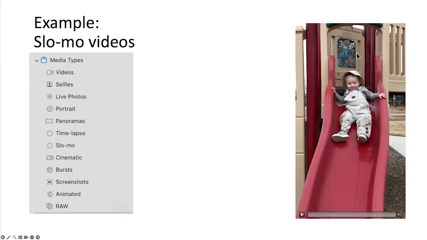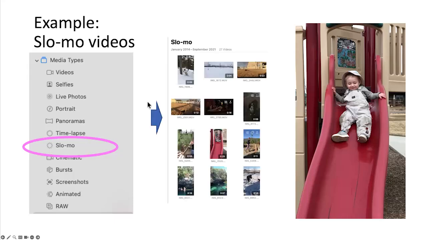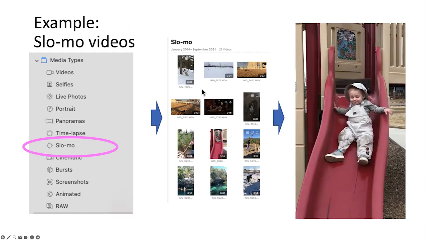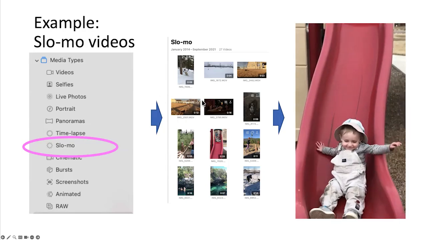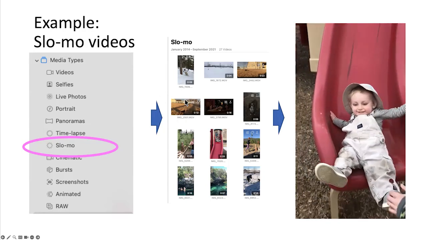For example, I click on slow-mo and it will choose all of the videos in my library that were taken using the slow motion feature of my iPhone. So my grandson here in slow-mo.